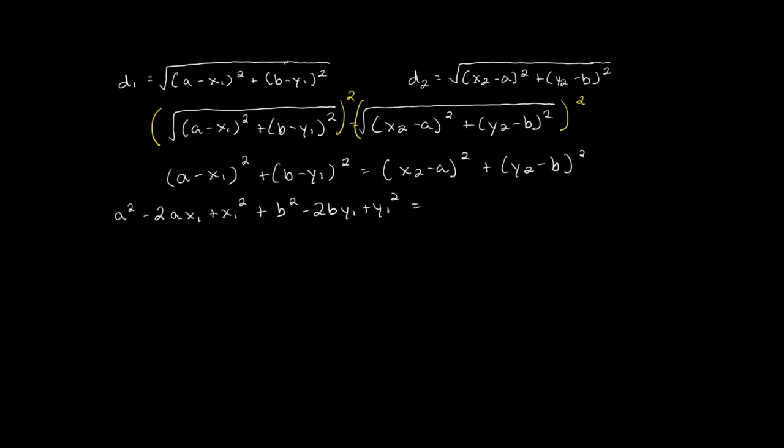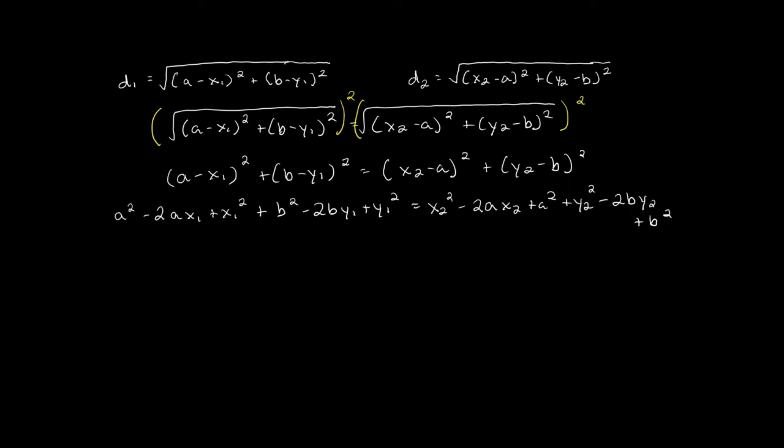And now I'm going to FOIL on the right, x2 squared minus 2ax2 plus a squared plus y2 squared minus 2by2 plus b squared. So we've got this really nasty looking thing.